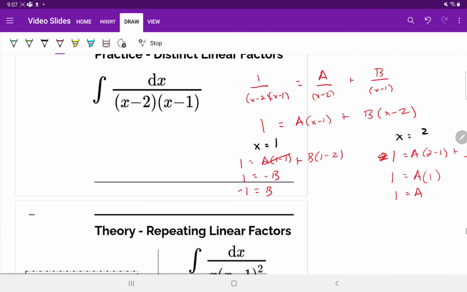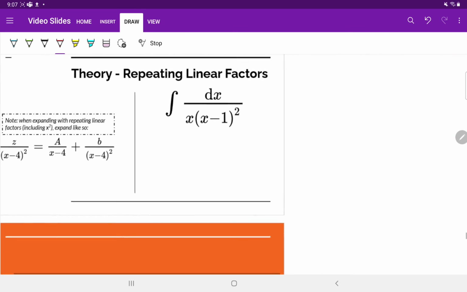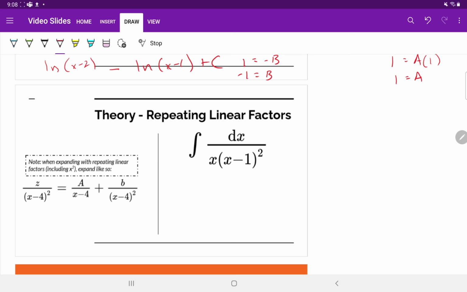So I can rewrite this as the integral of 1 over x minus 2 dx plus the integral of negative 1 over x minus 1 dx. And again, this is just going to be ln of x minus 2 minus ln of x minus 1 plus c.